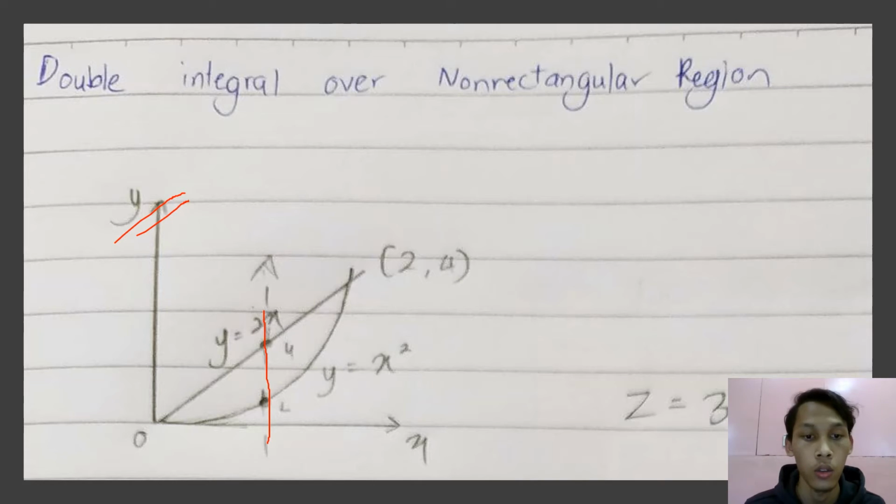The upper limit for y is 2x and the lower limit for y is x squared. The given function here is z equals 3x plus 1, which we will use in the next slide.